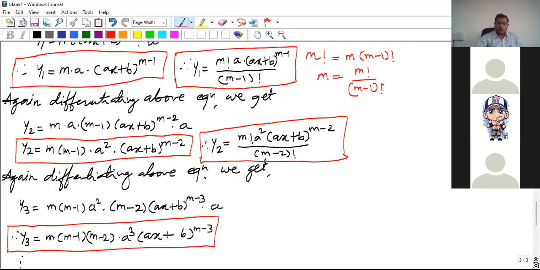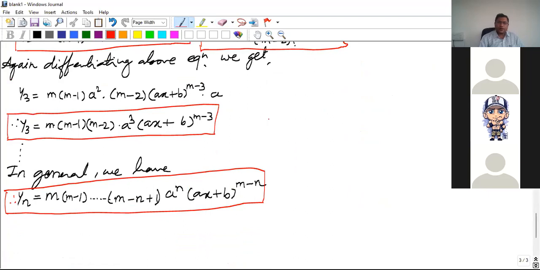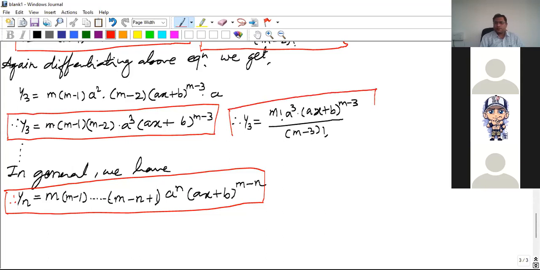Now the third derivative. y3 is equal to m factorial a cube, (ax plus b) raised to m minus 3, and here we have (m minus 3) factorial. Are you getting this term?